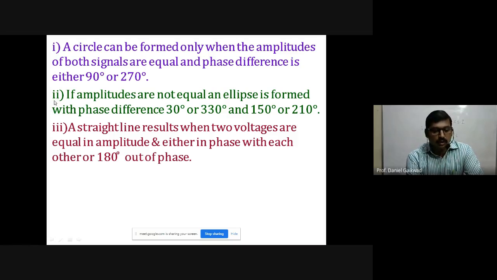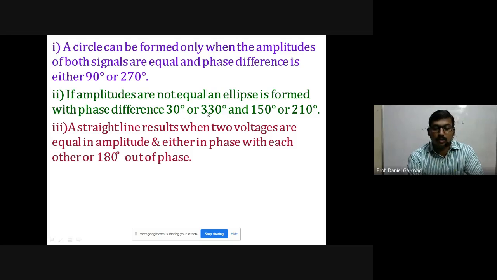Now second, if the amplitudes are not equal and an ellipse is formed, the phase difference is 30 degrees or 330 degrees or 150 degrees or 210 degrees. So these are the combinations or possibilities of phase between two signals if we have the shape of an ellipse. So how is the ellipse formed?